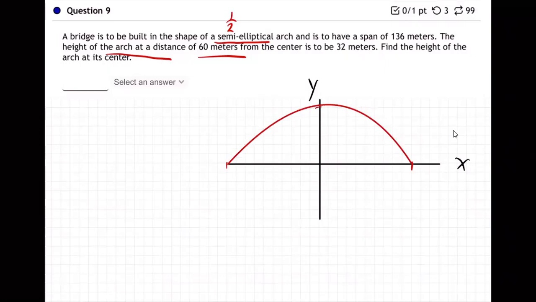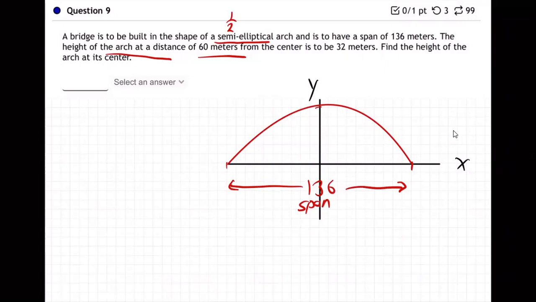All right, and what do they tell us? They tell us that the thing is 136 meters. So 136 meters is the total span. So you know what we need to do with that, divide by 2, don't we? Well, we can do that in a minute.